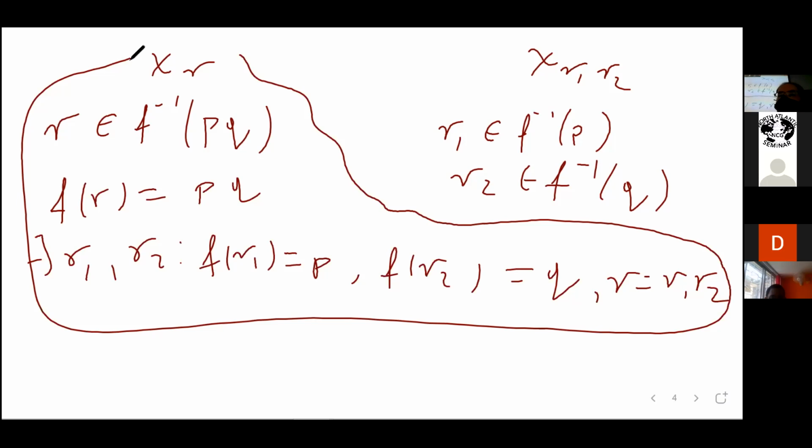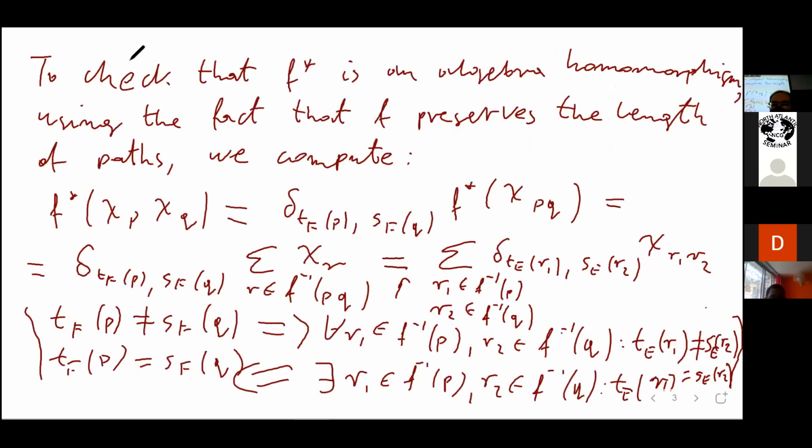And this is precisely what we have on the right-hand side. Because I have R1 in the preimage of P, R2 in the preimage of Q, I have this Kronecker's delta, and here I have chi R, which is chi R1, R2. Okay? So this is not so obvious. I'm simply unraveling the statement that the depth preserves the length of paths. Okay, so that's this equality.